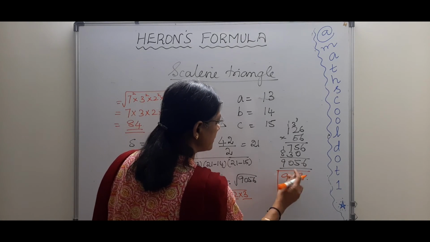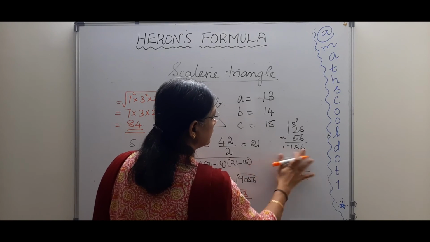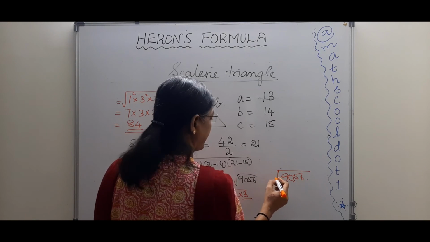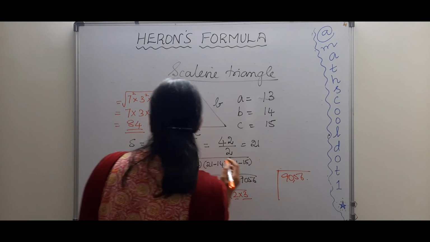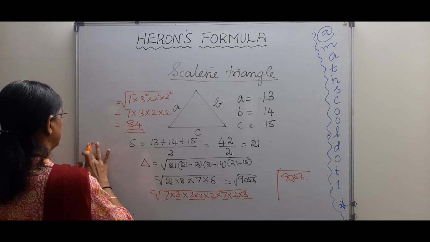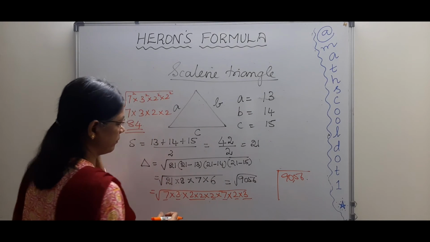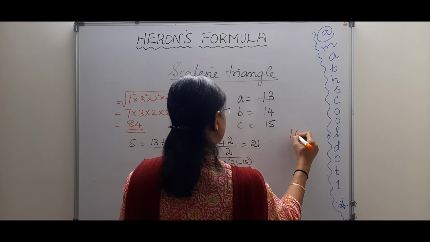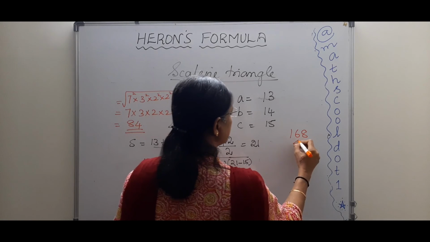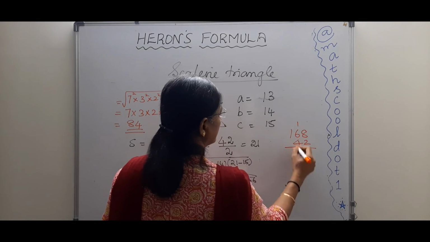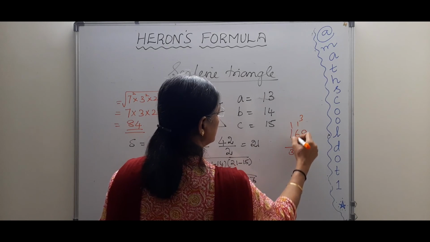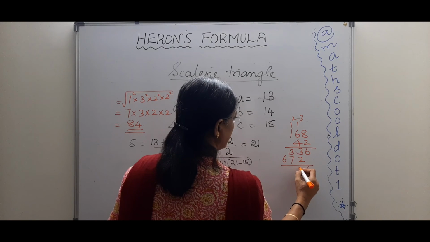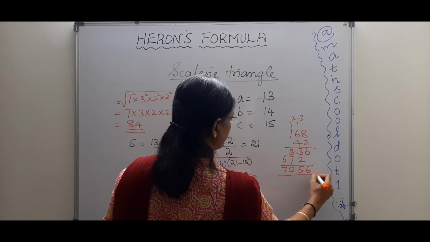Sorry, we have made some mistake here. 21 into 8 is 168, and 168 into 42 gives 7056.